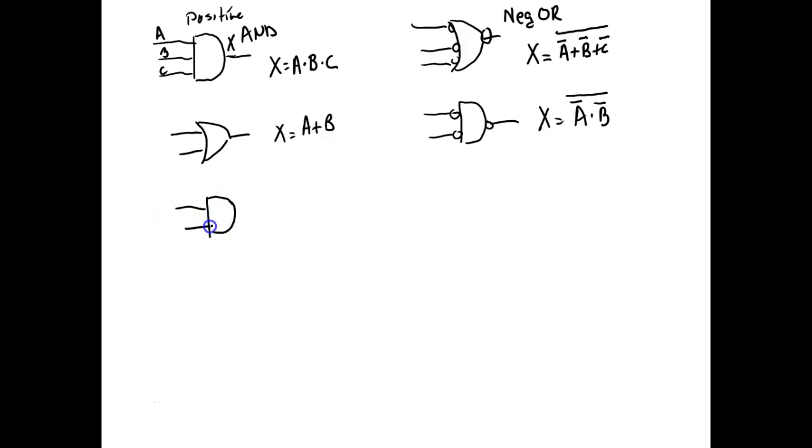Then we have a NAND. X is equal to A and B. We put a bar across it because the output's low active, right? Then it's going to complement to a negative NOR.